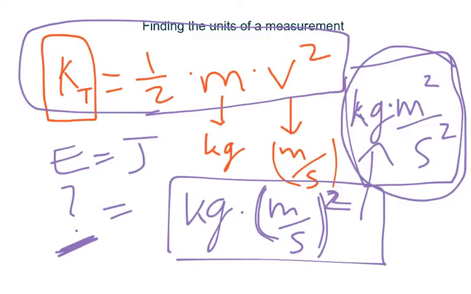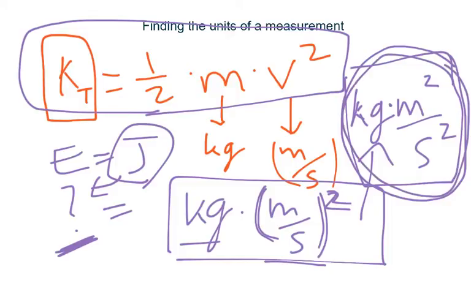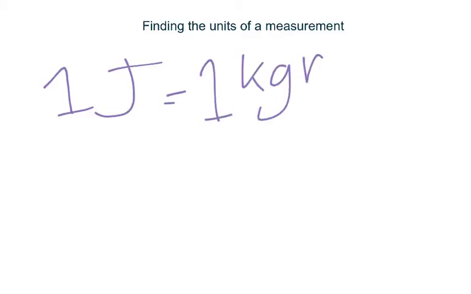And apparently, the joule is equal to a kilogram meter squared per second squared. If I said 1 joule of energy, I just mean 1 kilogram meter squared per second squared of energy.